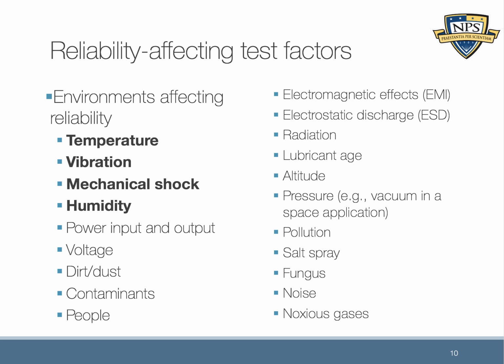And controlling them could be just eliminating them to make sure that they don't affect your results, or specifically understanding what their value is. And that's easier for temperature than it would be for contaminants. So there may be some research that needs to be done before the test is actually run.